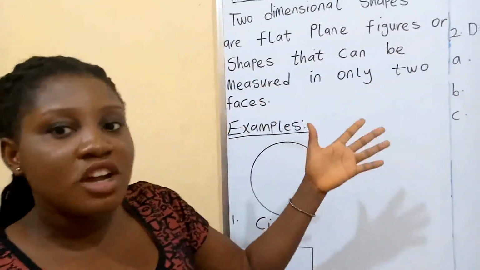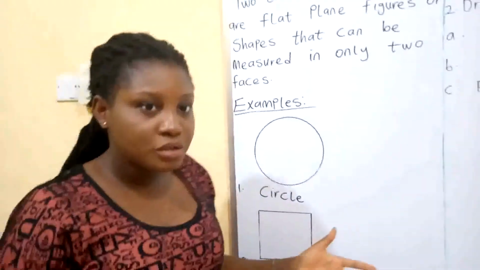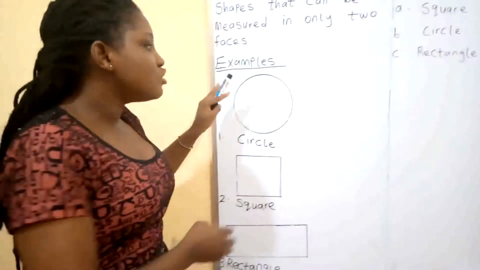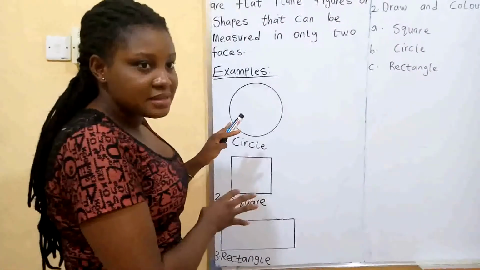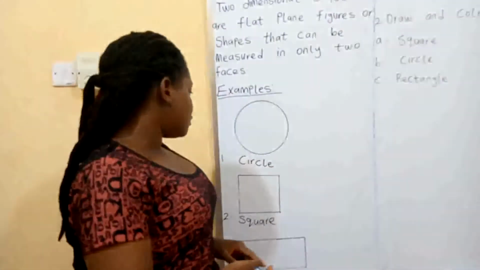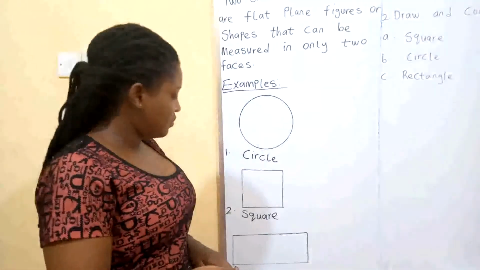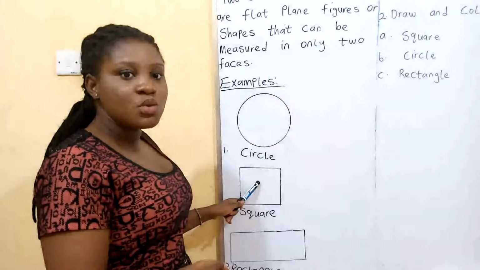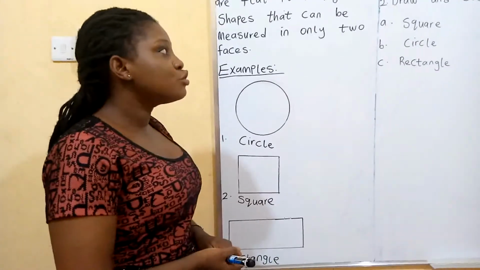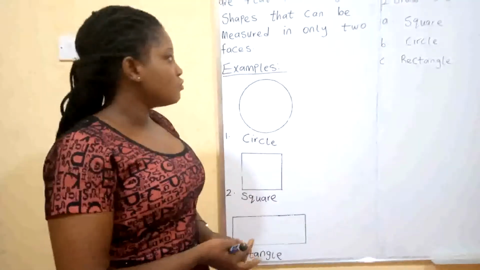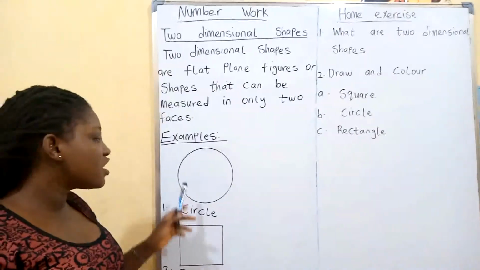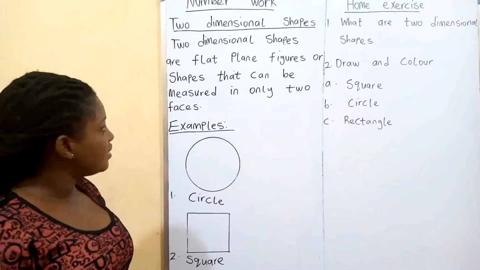So we can measure these shapes that we have seen on the board either by their length or by their width. So there is no other way of measuring this. A square is a two-dimensional shape, and the same thing goes with a rectangle. So now in your homework, we are expected to draw these shapes. Make sure the shapes come out perfectly.